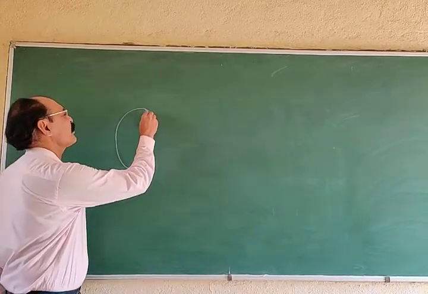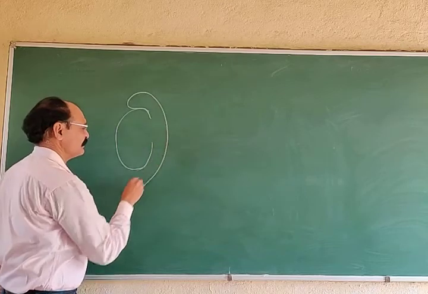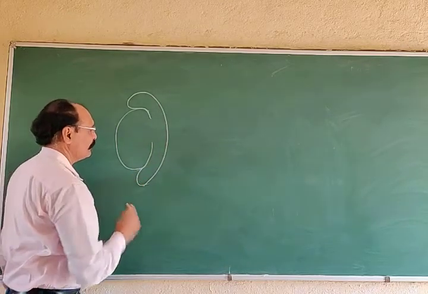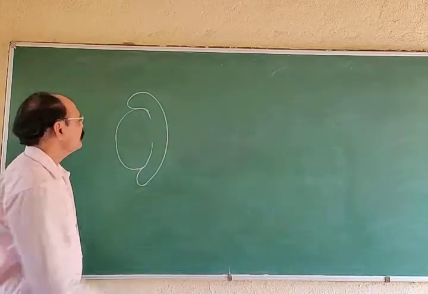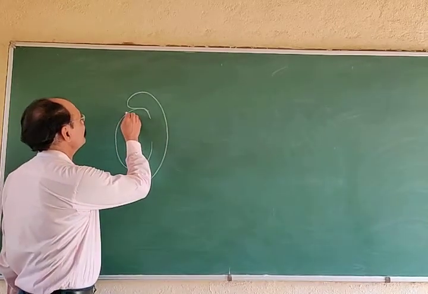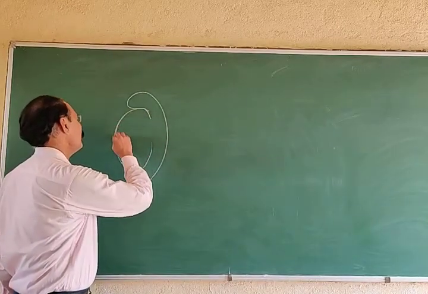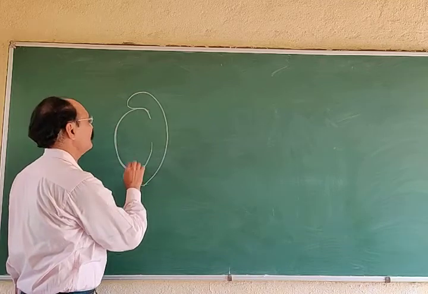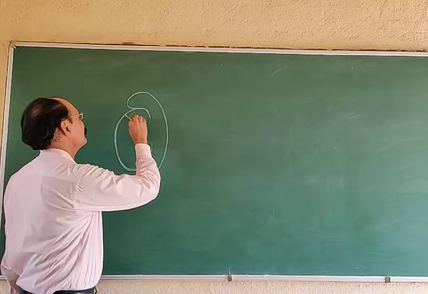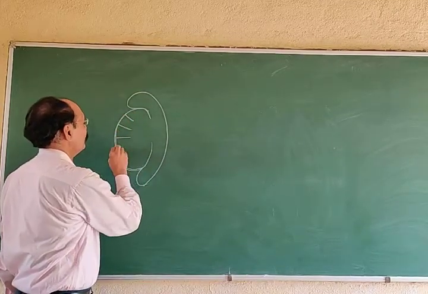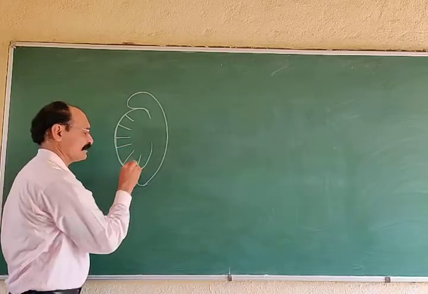This is the gross structure of the testis in cross section. Here the testis is covered with a fibrous connective tissue layer, and this connective tissue sends septa into the matrix.